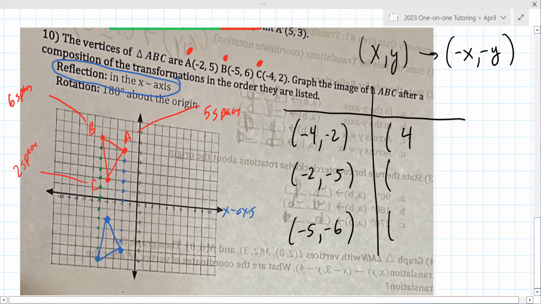Positive 4. Okay, what about -2? What does it become? 2. How about -5? 5. Okay, now give me the Y values. They're just negated.